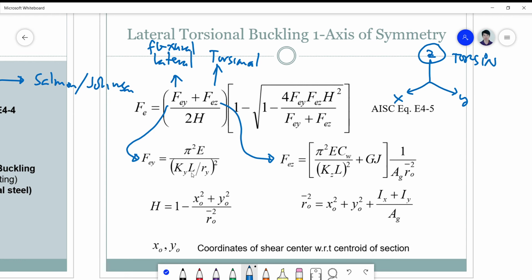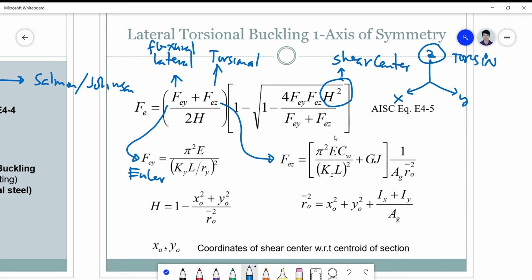So pi squared E over KL. It's an Euler, no? Pure Euler formula. So combining the two with an additional parameter of H, which happens to be a property connected to the shear center. Okay, so I will talk about shear center later if we have time. So this H property has something to do with XO, YO, and RO, and these XO, YO, RO are actually properties that refer to the shear center.